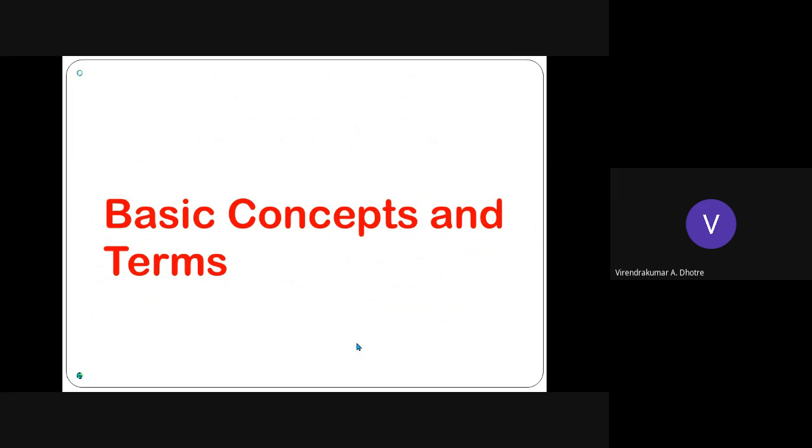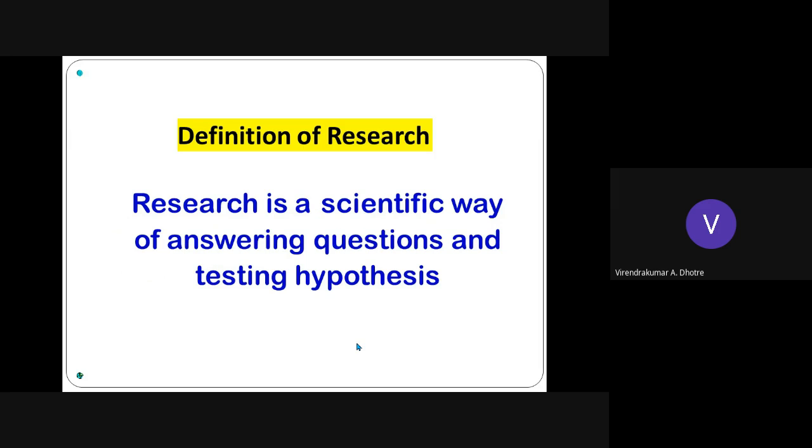So the first unit is research methods, where we will see some basic concepts and some terms, definitions. First of all, we'll go for the definition of research. So, what is research? Research is a scientific way of answering questions and testing hypotheses.